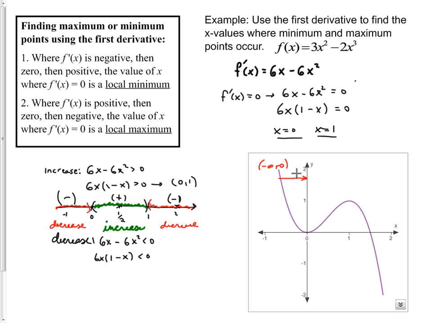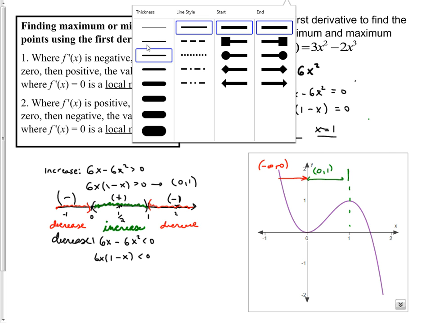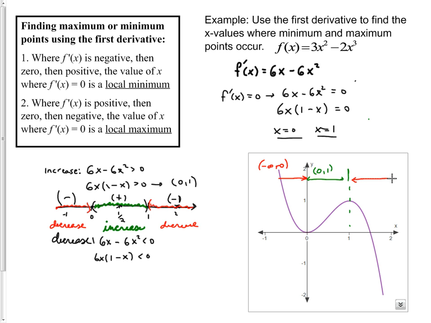We've got that decrease. And we can see we've got our increase between 0 and 1. And then finally, it looks like we've got our decrease back on the interval that goes from 1 to positive infinity.